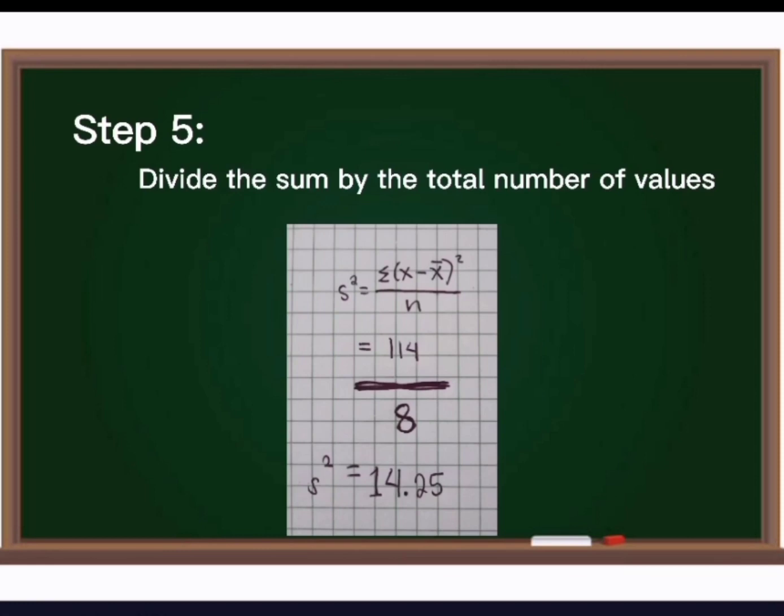Next, divide it by the total number of values. Using this formula, variance is equal to the summation of (x minus x bar) squared over n. So that is 114 over n, which is the sample size, equal to 8. So 114 divided by 8 is equal to 14.25.